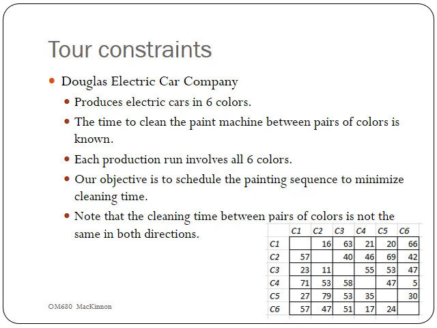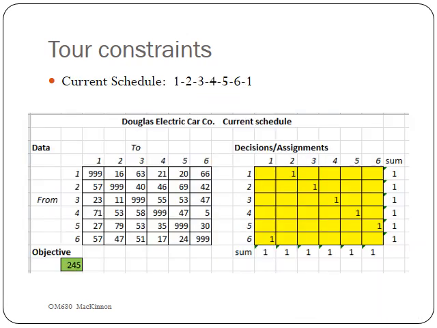Okay, and so notice that the cleaning time is not necessarily symmetrical. Okay, so the cleaning time between pairs of colors is not the same in both directions, and that's perfectly fine. All right, so the solver will pick the optimal sequence.